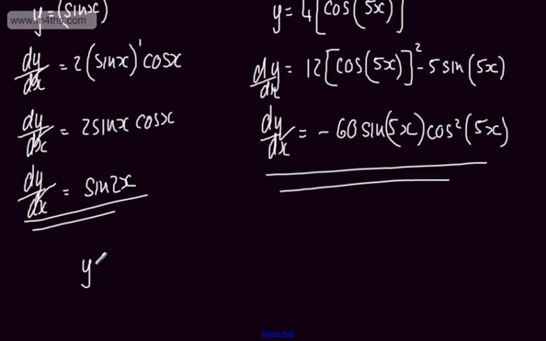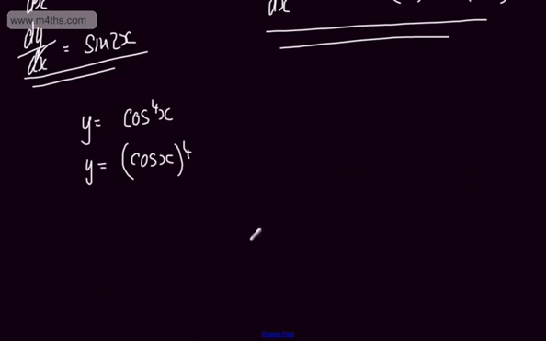Let's say we've got y is equal to cos to the 4th of x. So y is equal to cos x to the power of 4. We would differentiate the outside function. The outside function here is going to be x to the 4th. So dy by dx will be equal to multiplying down by the power, rewriting the inside function, dropping the power by 1, and multiplying through by the derivative of the inside function.